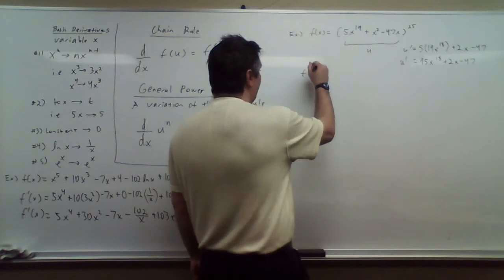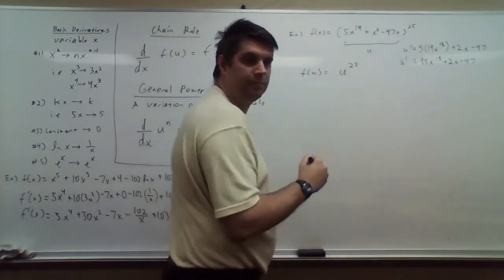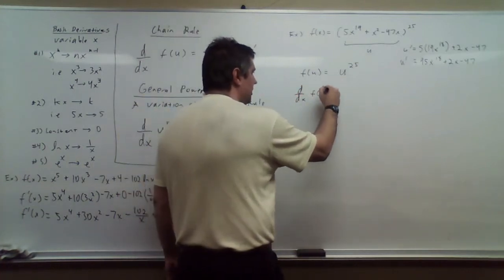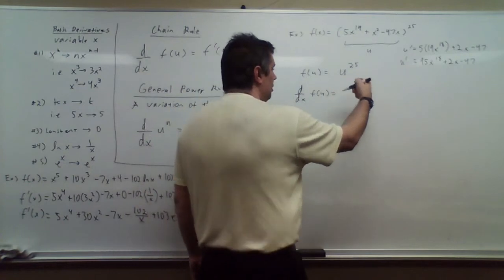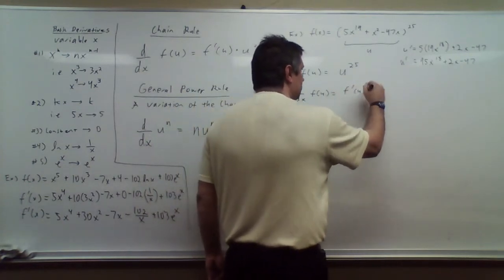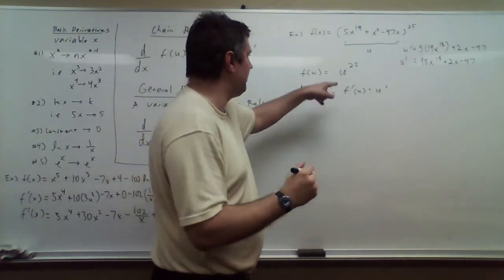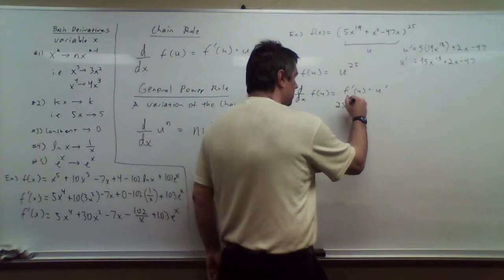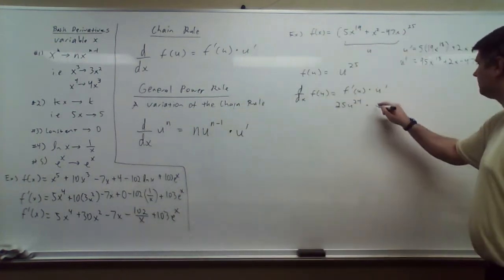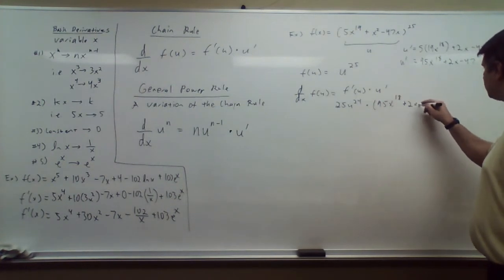So f of u would be u to the 25th. d/dx of f of u would be f prime of u times u prime. The derivative of this would be 25 u to the 24th times all of this stuff, 95x to the 18th plus 2x minus 47.